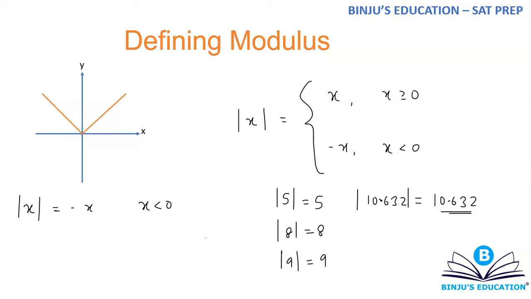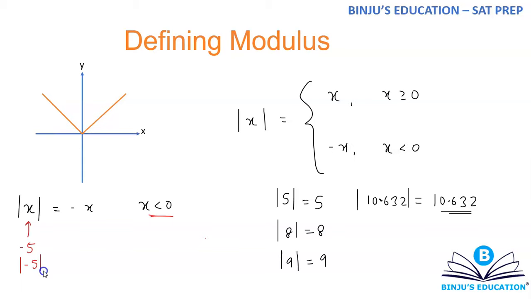Now understand it this way. When x is negative, I'm going to put a negative value inside this. Let's suppose I put minus 5 inside this, so this becomes mod of minus 5. Now when you say mod of minus 5, I know that the result of mod has to be non-negative, because modulus represents distance.